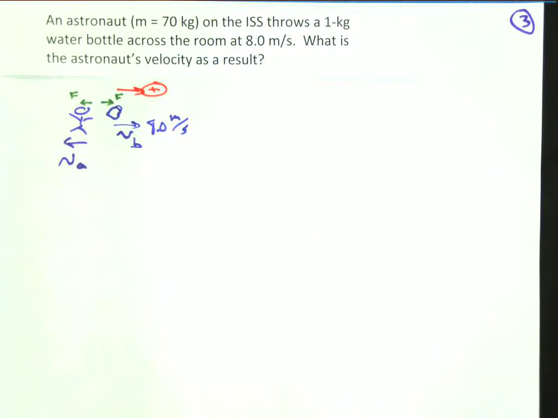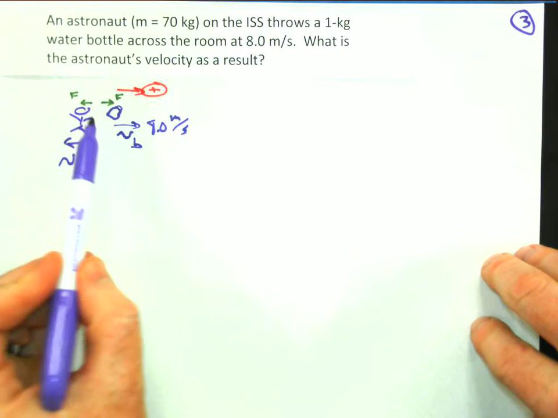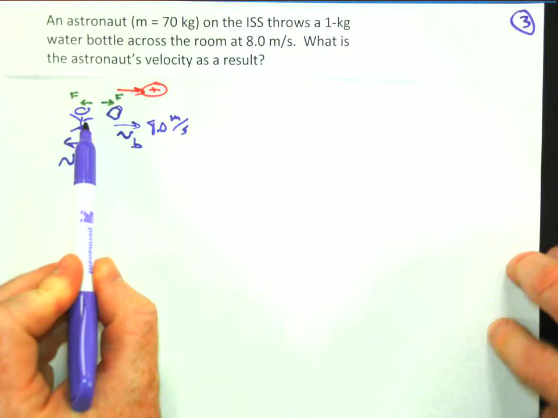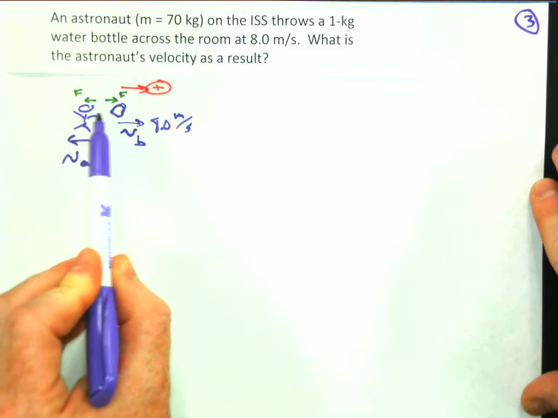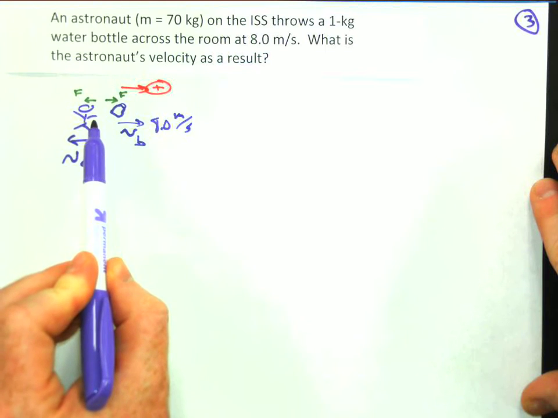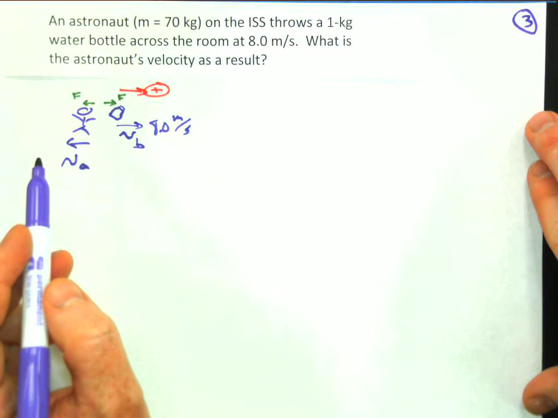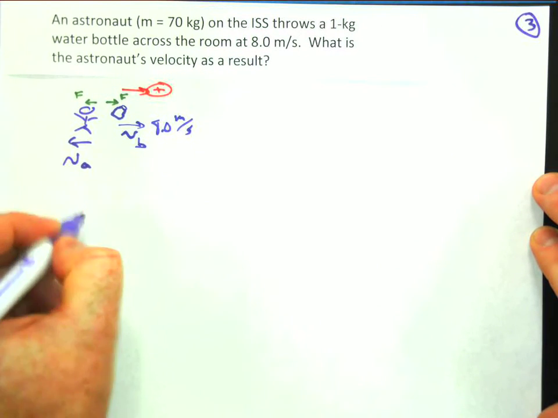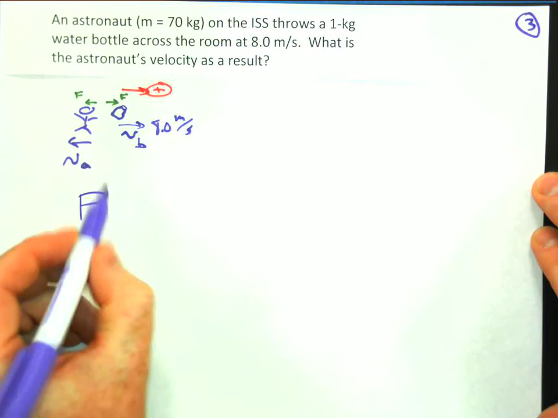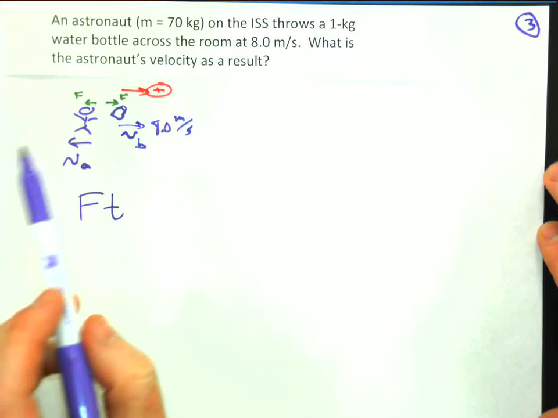Well, how does this work then? So what we know is this. During the throw, while the astronaut was applying a force to the water bottle, the bottle was applying a force to the astronaut. And so what are those forces? Well, we have a force, and the forces are equal to each other, and we have a time of contact.